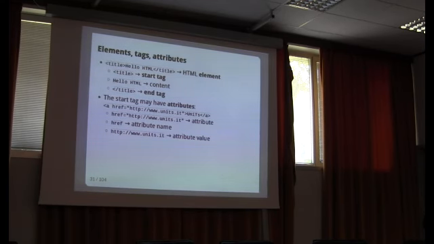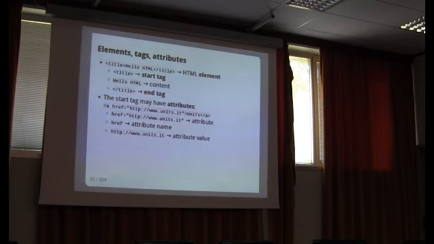Okay, let's see the terminology about HTML. Everything that is composed of angular bracket, something, closed angular bracket, something, angular bracket, slash, something, closed angular bracket, is known as an HTML element.